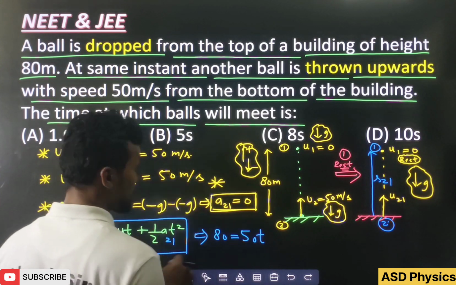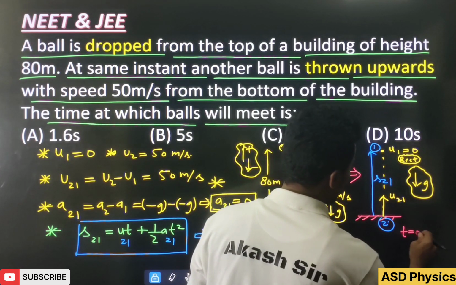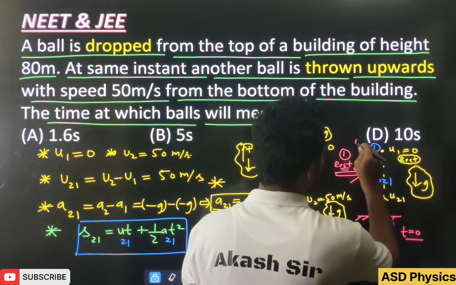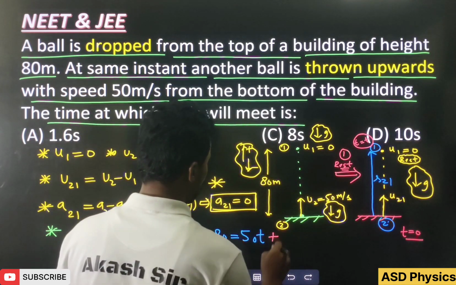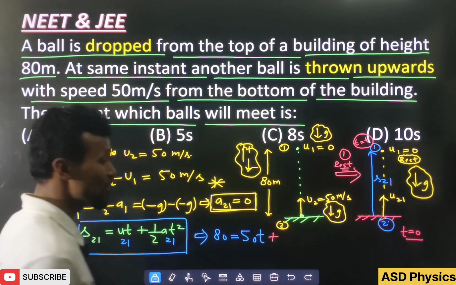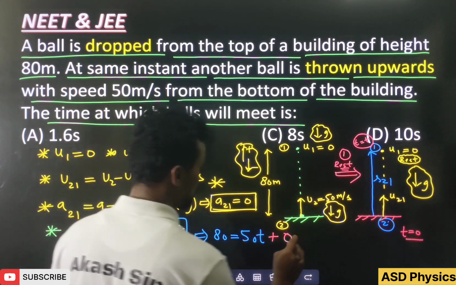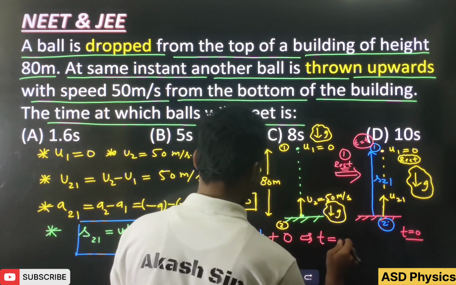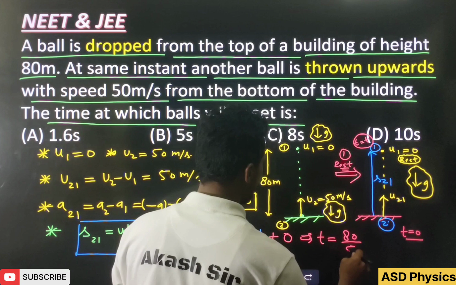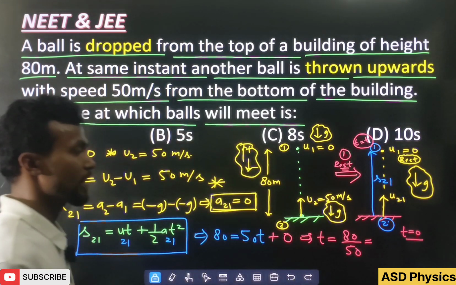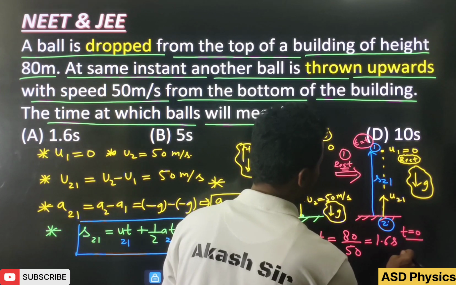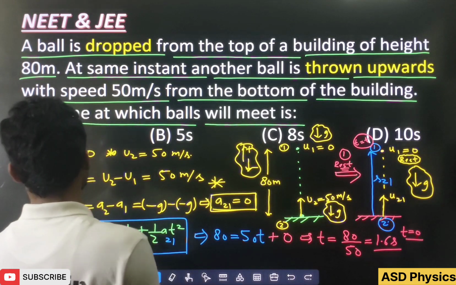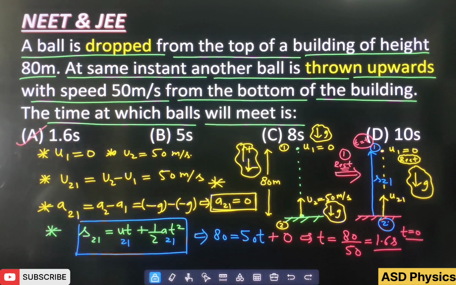Let's take the initial time as t equals 0, and when they are meeting, the time is t. So 80 equals 50t plus, most importantly, A21 is 0, so that term becomes 0. So t equals 80 by 50, the zeros cancel, it becomes 8 by 5, which is 1.6 seconds. The correct option is option A.